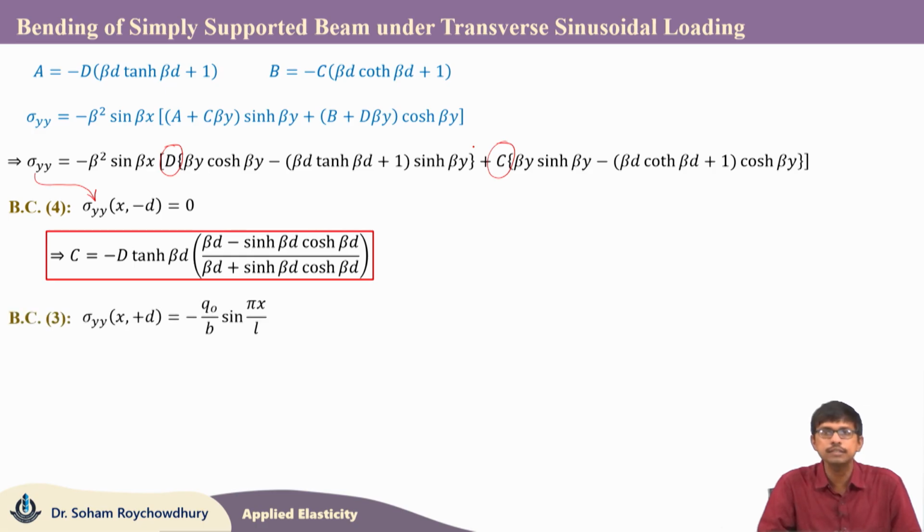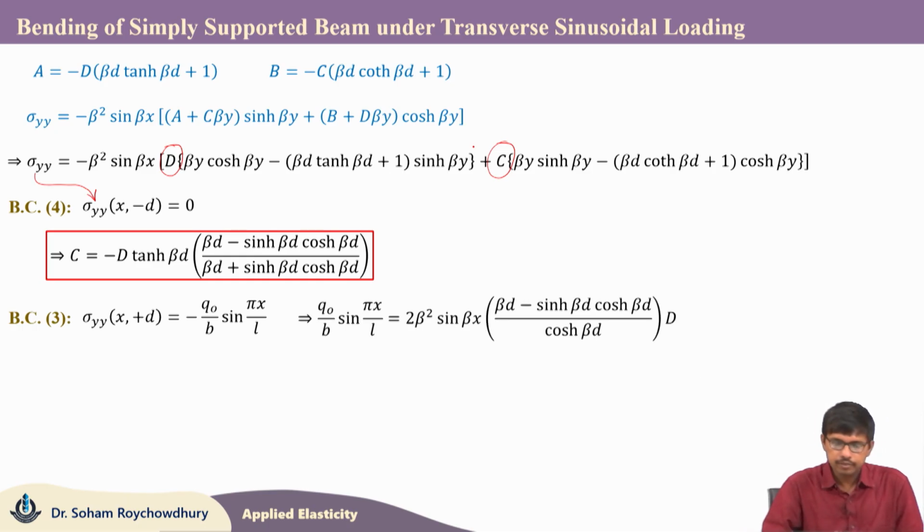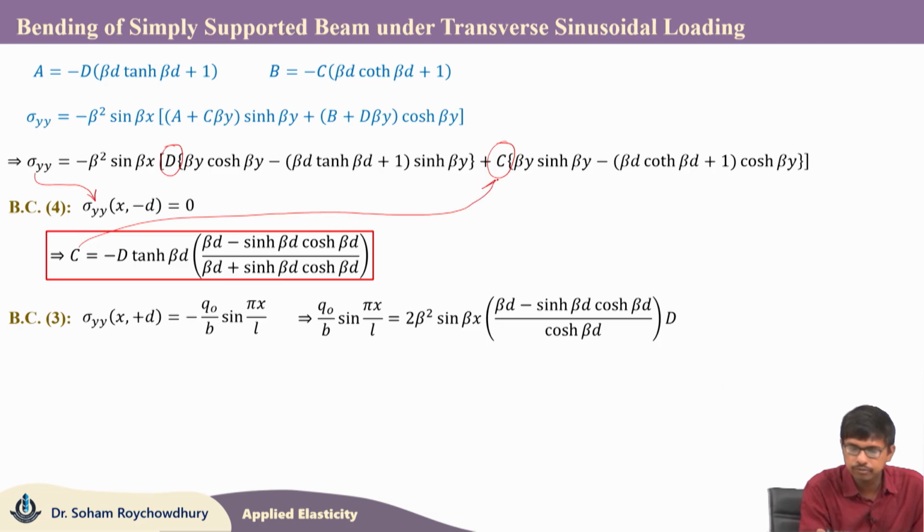Now, coming to the 3rd boundary condition, on the top face, the normal traction sigma y at x comma plus d would be equal to minus q naught by b sin pi x by L. So, here I am replacing sigma y at plus d, and I am also replacing this c, which we got from boundary condition 4, in the expression of sigma y.